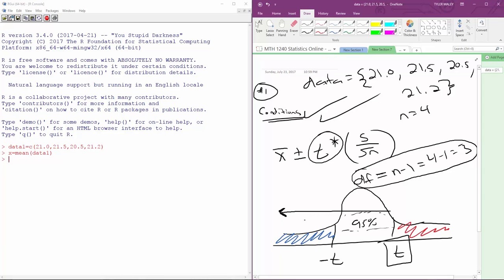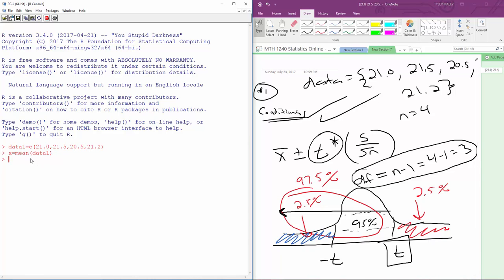But we know the t distribution is symmetrical, so here is 2.5% of my data, and here would be 2.5% of my data. So the area to the left would be these two combined, 97.5%. I'm going to use what's called the qt command.